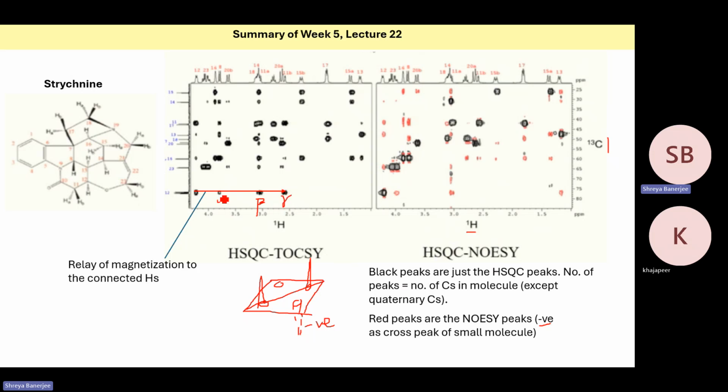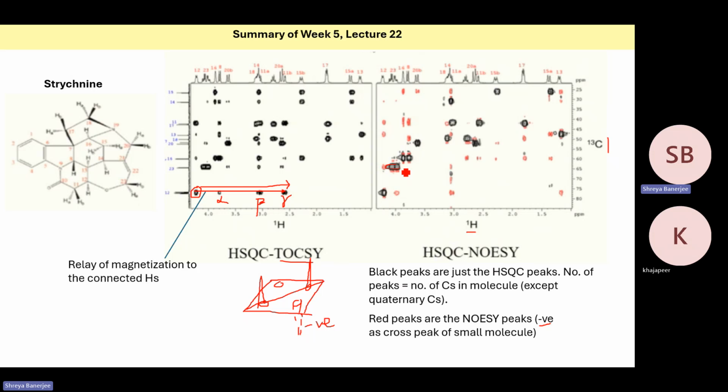This peak is due to one particular amino acid because it appears in the HSQC. Whatever correlations this peak shows in the same line are within that same amino acid because we are doing TOCSY. So the correlations will be with alpha, beta, gamma within the same amino acid.